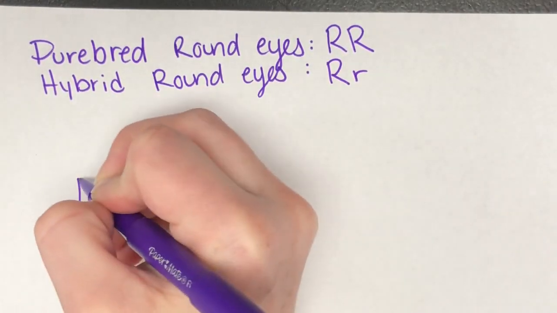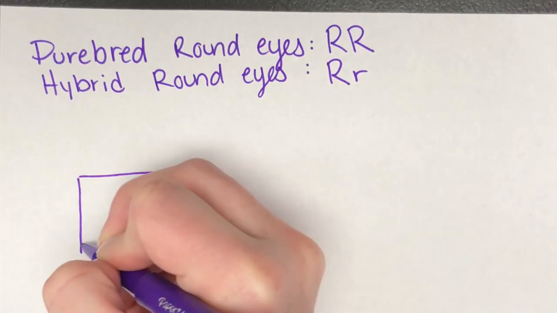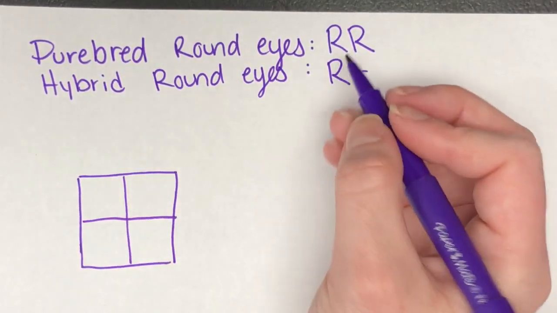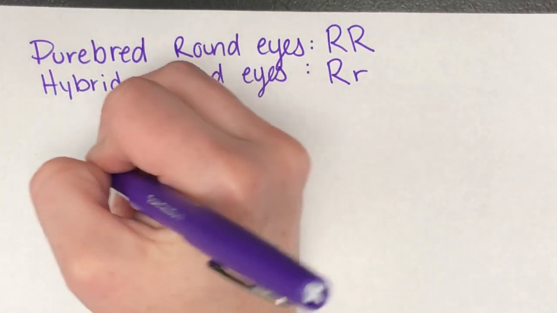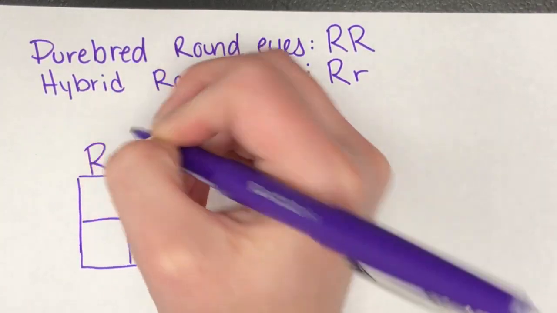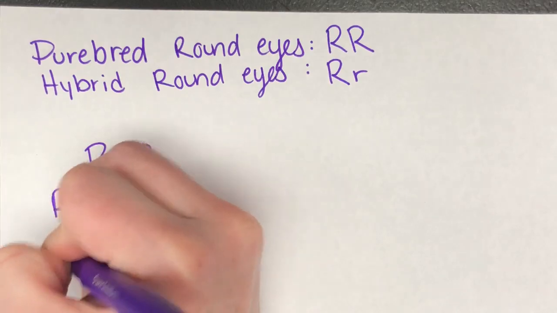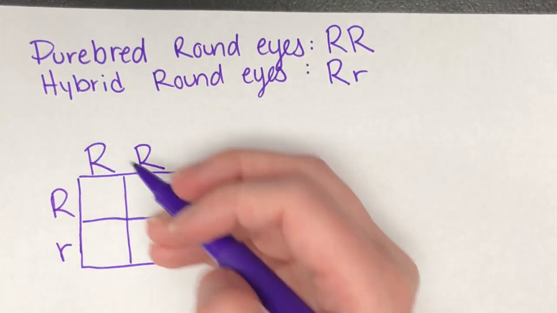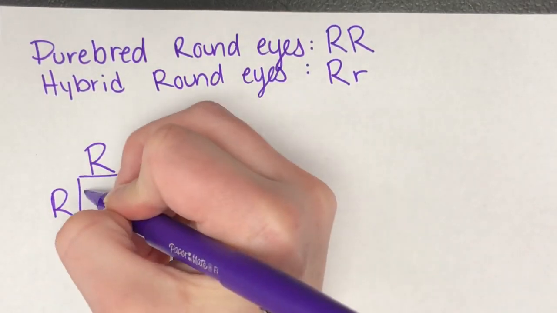Step 2, I'm going to draw my box. Okay, one parent on top, one on the side. So here, down, then across.